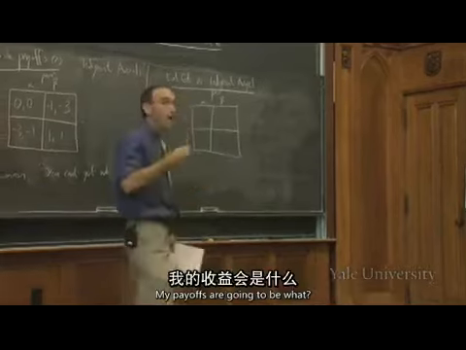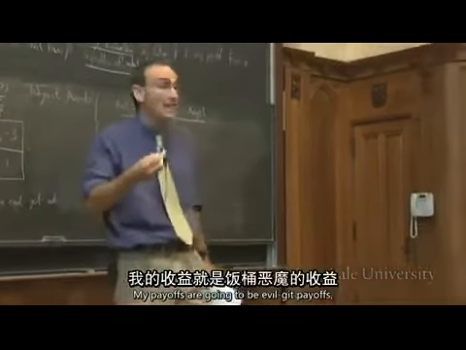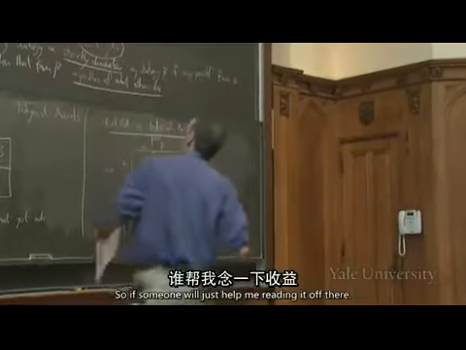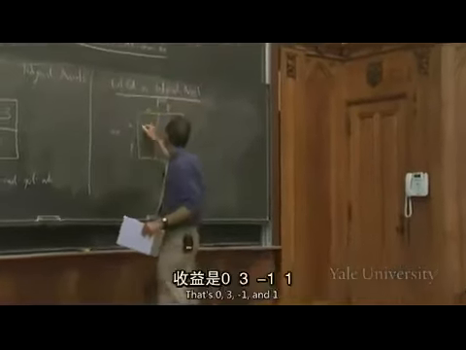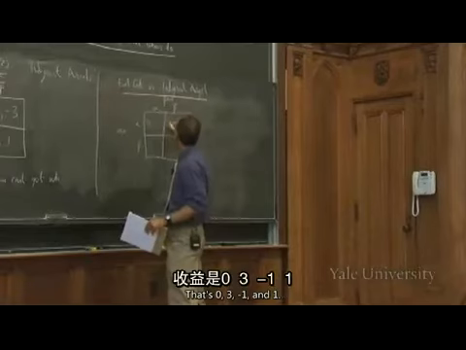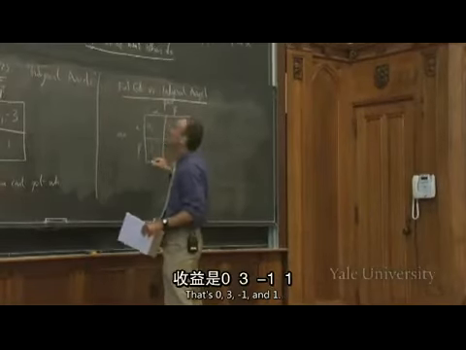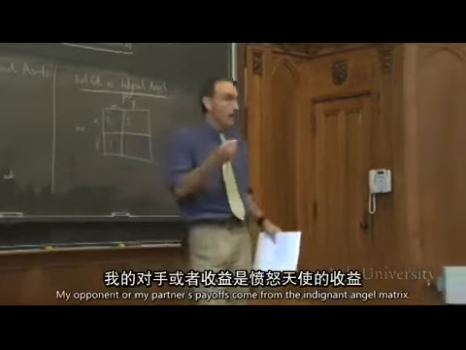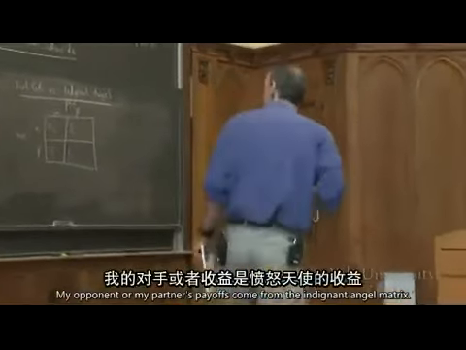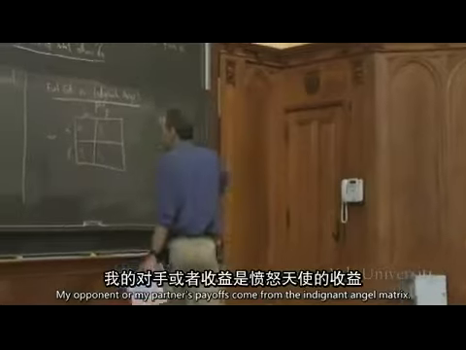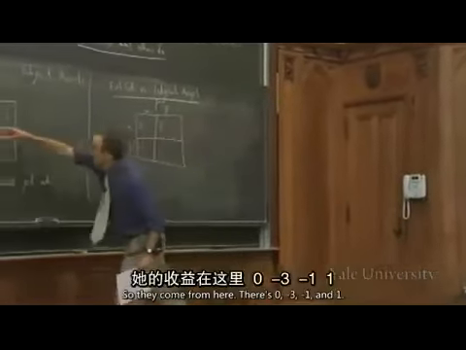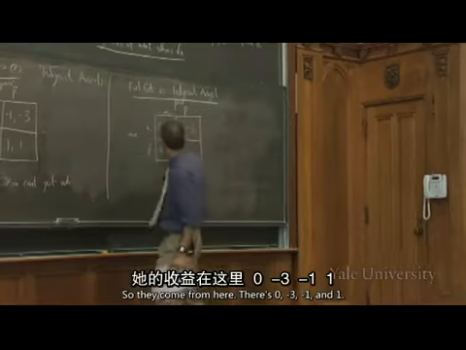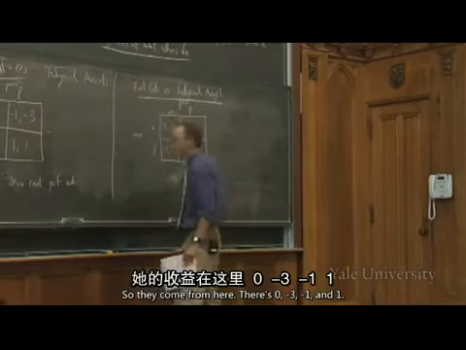My payoffs are going to be the evil git payoffs, so they come from the matrix up there. That's a 0, a 3, a -1, and a 1. My partner's payoffs come from the indignant angel matrix: 0, -3, -1, and 1.